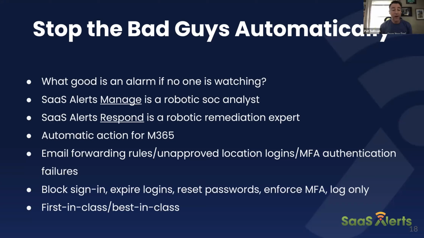We're able to then go in automatically and do one of those next bullets: block the sign in, expire the login, reset the password. So we give you the power to make the final call, to Chip's point, whether you're going to have automation do it, or you maybe get the text before the automation takes that final step.